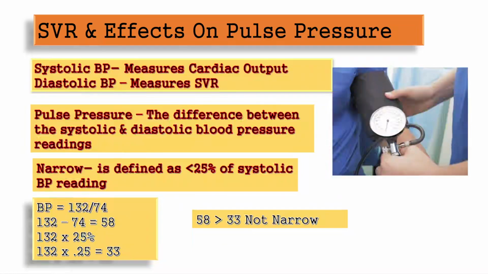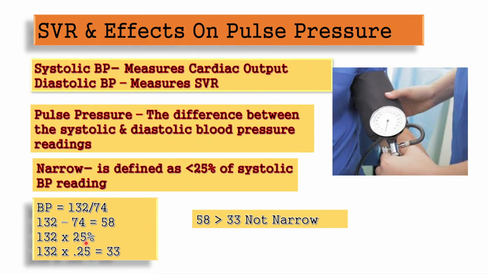What I mentioned earlier about narrowing pulse pressures is defined as 25% of the systolic blood pressure reading. So here we have 132/74. If I take 132 minus 74, I get 58.